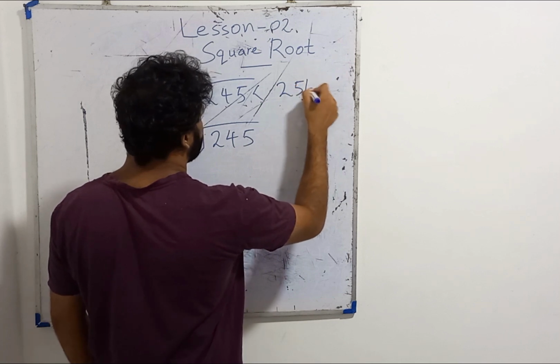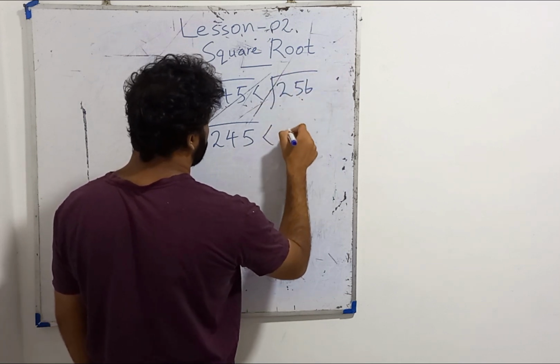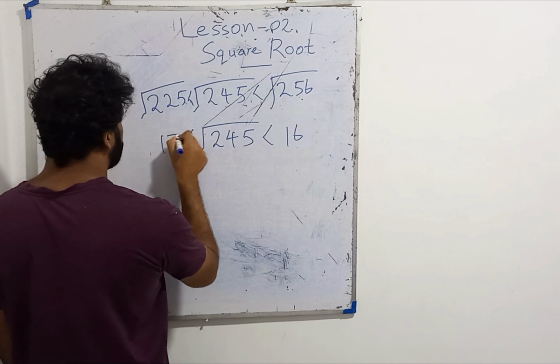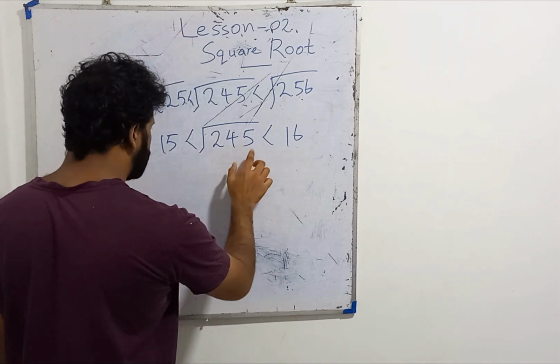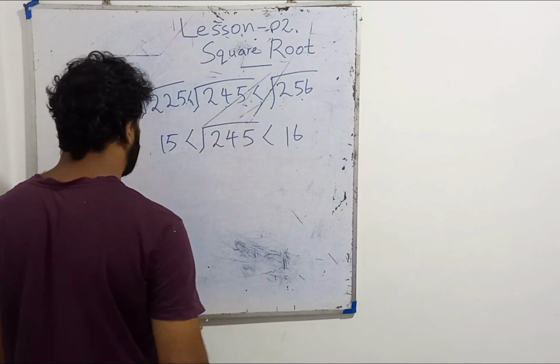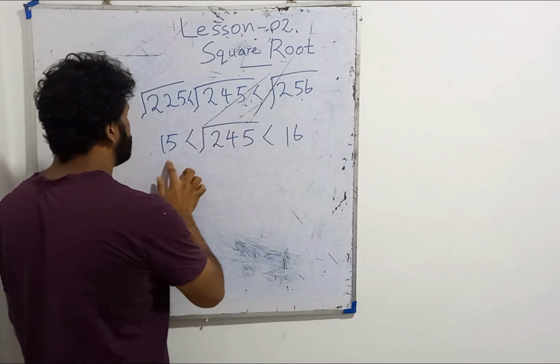256, 16, 15. Now you can see the square root of 245 lies between 15 and 16.